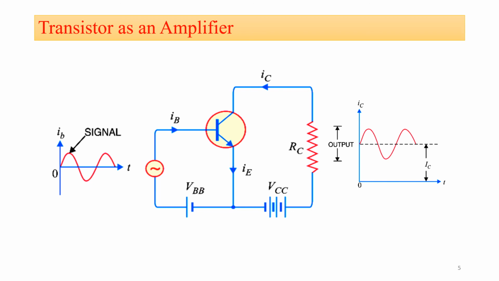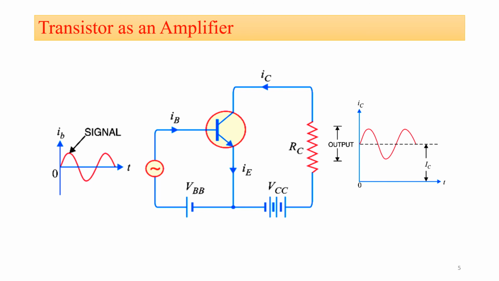The important thing in transistor as an amplifier is that beta DC is very high, and as we know beta DC is the current amplification factor or the current gain. So if our output current is higher for minimum input current, then that indicates our amplification.